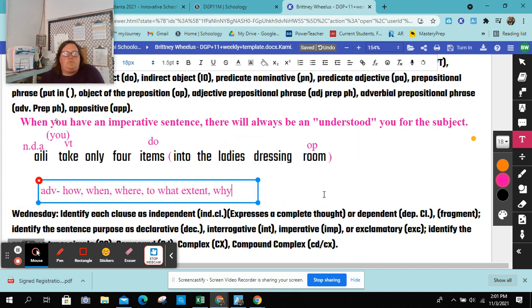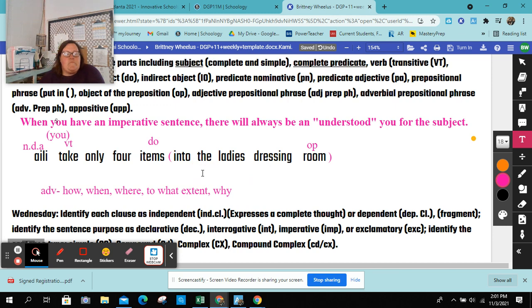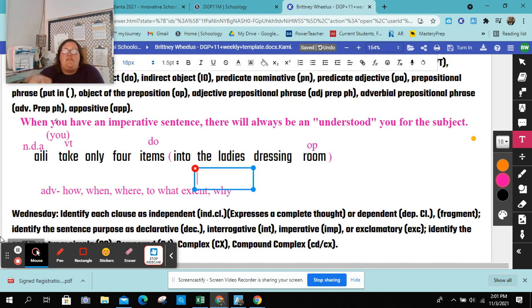I think we'll see that today on some of the stuff we're doing. All right, so this means that this prepositional phrase is what type of phrase? Good. Now, if this phrase were to describe the dressing room, what kind of phrase would it have been? Adjective. Good.